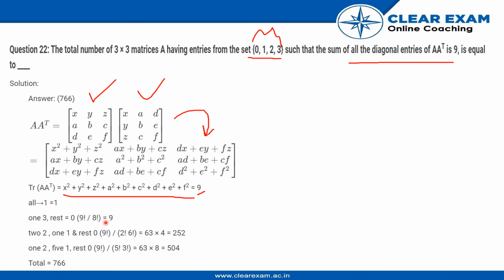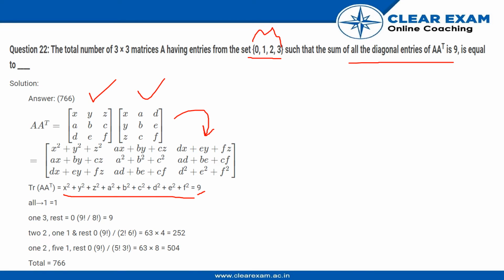So what we count here is 9 factorial, the total number of ways to fill these numbers, divided by 8 factorial, the number of ways we can arrange the zeros. That comes out to be 9. That is the arrangement of the 3 and the rest 0 combination, so there are only 9 ways possible.